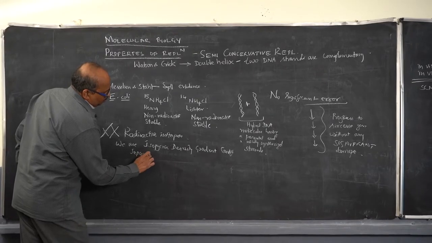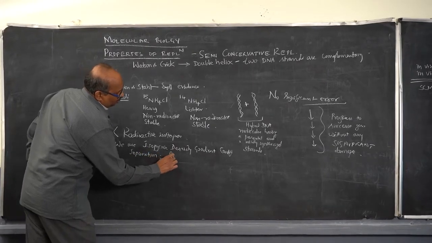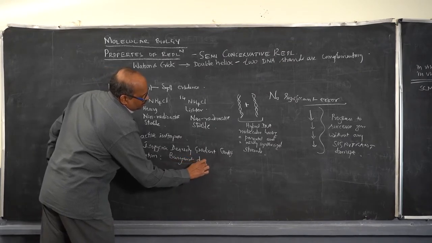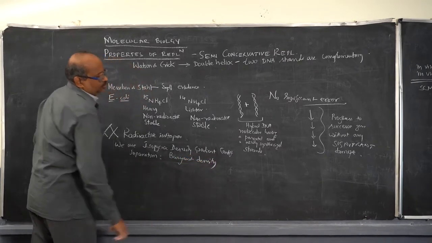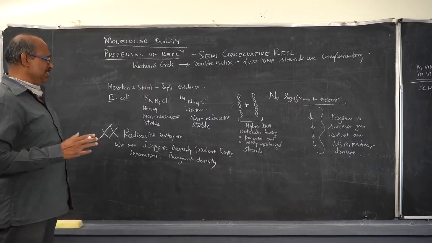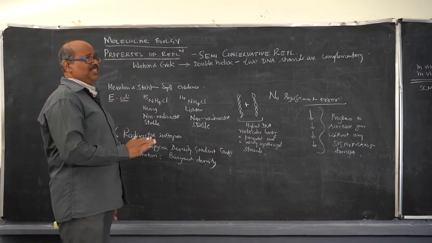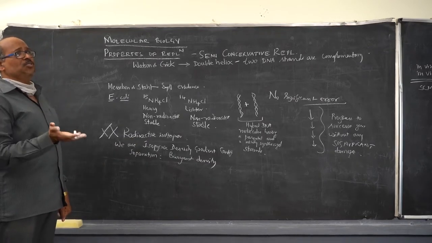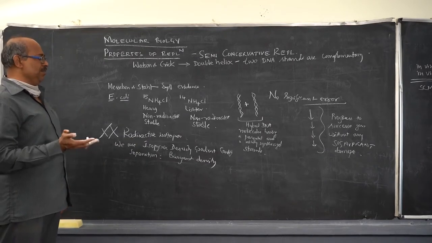So separation is based on a phenomenon which is called buoyant density. Buoyant density is not a new term, it is the density of a particle where the particle floats in a medium having the same density.